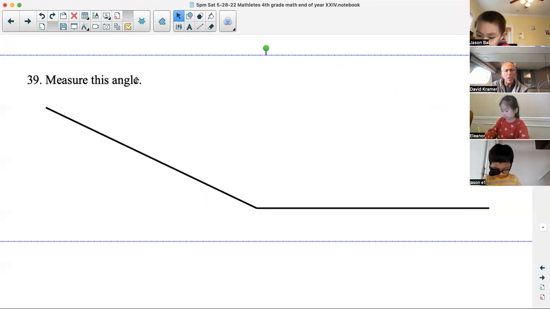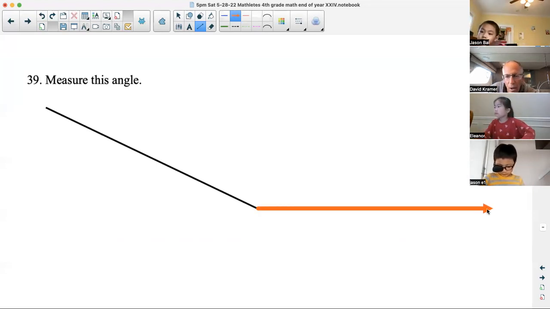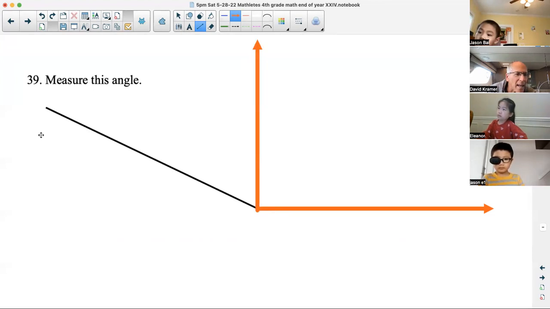And I want to show you something first, because it made me think of something that Jason just said. Jason E drew an angle. Look at the orange angle that I'm drawing. And Jason E said, is that a 90-degree angle?